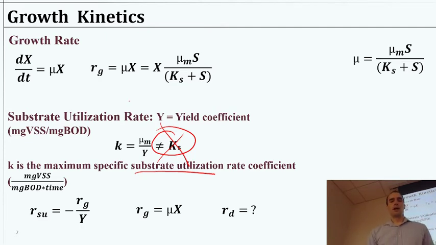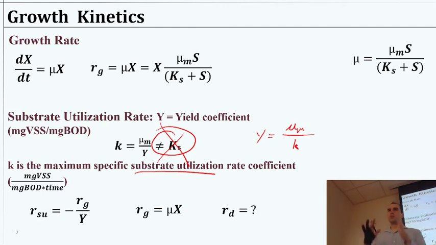So what this is talking about is essentially our yield is going to be related to that maximum specific substrate utilization rate in reference to the maximum specific growth coefficient. And so we can write it as k equals mu max divided by Y, or of course we could swap that and say this yield coefficient is equal to maximum specific growth rate coefficient divided by the maximum specific substrate utilization coefficient, lowercase k.